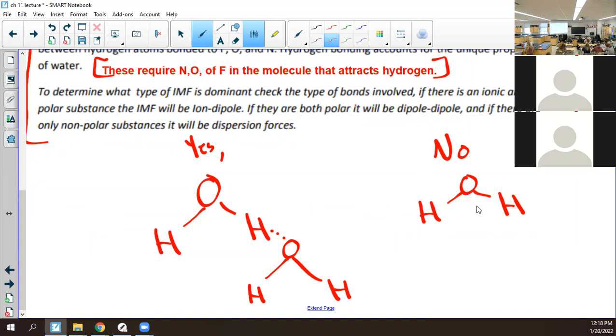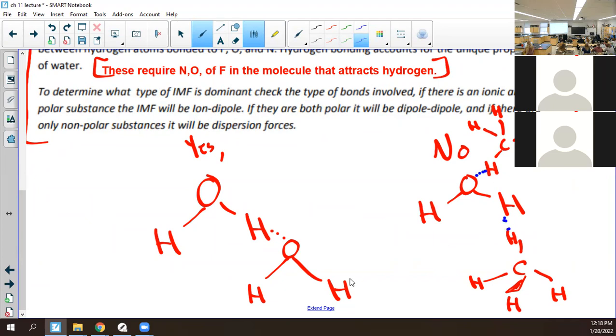And then I put in methane. All right, and I have the H here. Or I could have the H here. Right here, right here, right here. You with me? There is no hydrogen bonding between these.